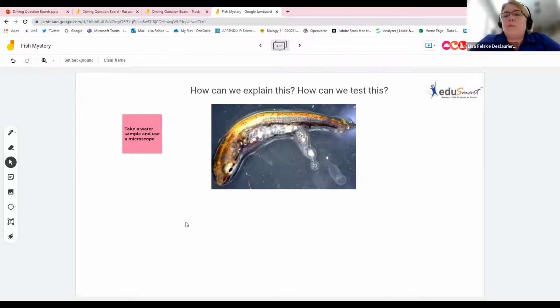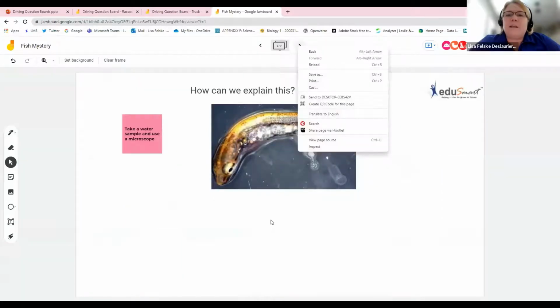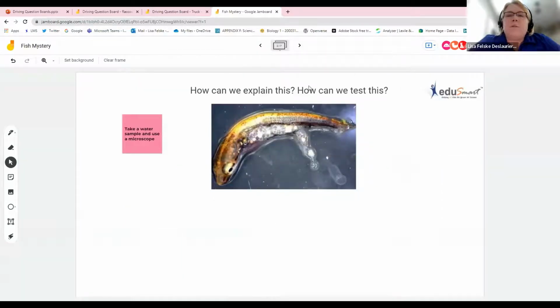Can you get plastic out of the water? So, again, I went from here to here by clicking this next frame. So if you're not seeing what I'm seeing here, oops, you'll just have to click the next button.